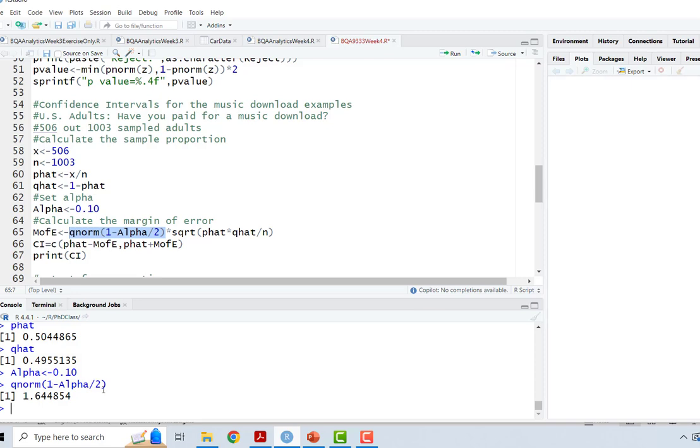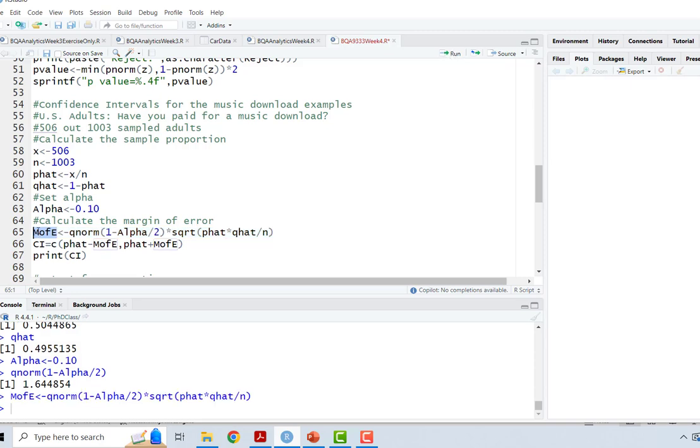So 1.645, we got 5% of the distribution on either side of the confidence interval, multiplied by the standard error here, the sampling distribution, and that's going to be the square root of p hat times q hat over n. So calculate the margin of error.